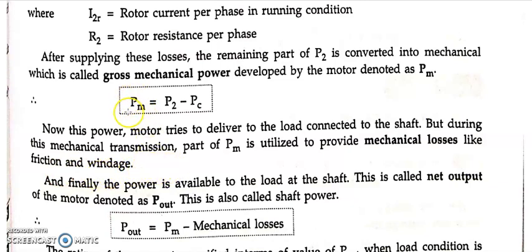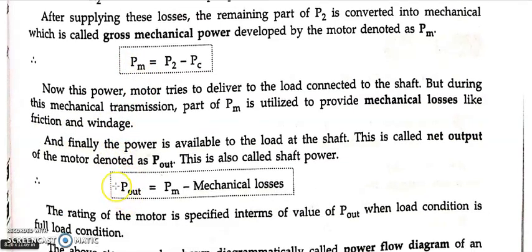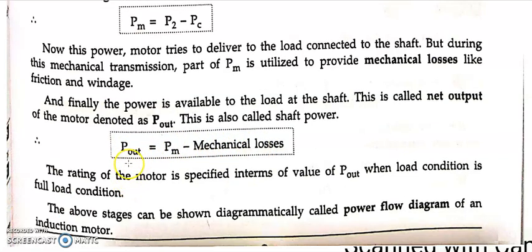So finally, I need to subtract those mechanical losses, which are generally friction as well as windage losses, from the gross mechanical power. So PM minus mechanical losses will give you P output. This is the net mechanical output out of the shaft, out of the motor.